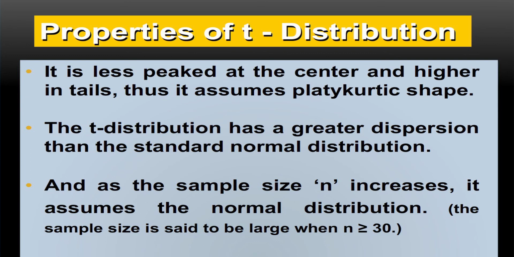5. The t distribution has a greater dispersion than the standard normal distribution, and as the sample size n increases, it assumes the normal distribution. Here the sample size is said to be large when n is greater than 30.